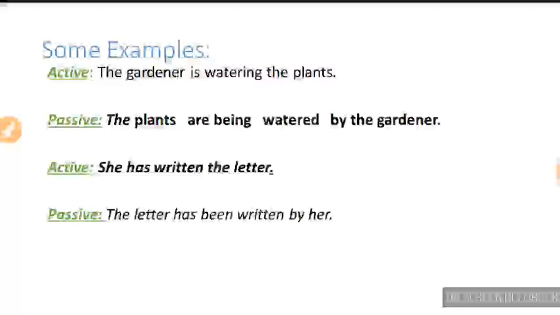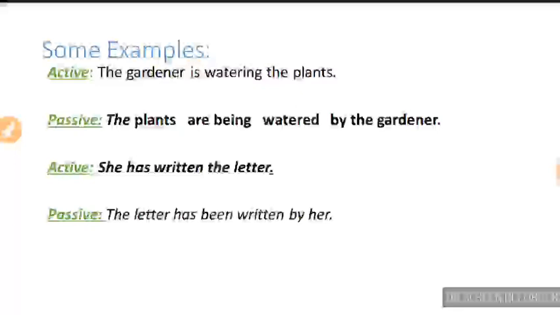First we placed the object in place of the subject, then we placed the to be form, and then the past participle form watered, and at last we placed the subject in place of the object, by the gardener. In the next example, she has written the letter.